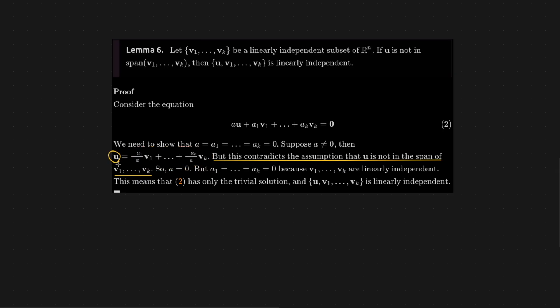We have expressed u as a linear combination of the v's, a constant times a vector plus a constant times a vector, which means u would be in the span of the v's, and that contradicts the assumption. That's the nonsense part. We got to that nonsense by assuming a, the coefficient of u, wasn't 0. So since that's nonsense, it must be that a actually is 0.